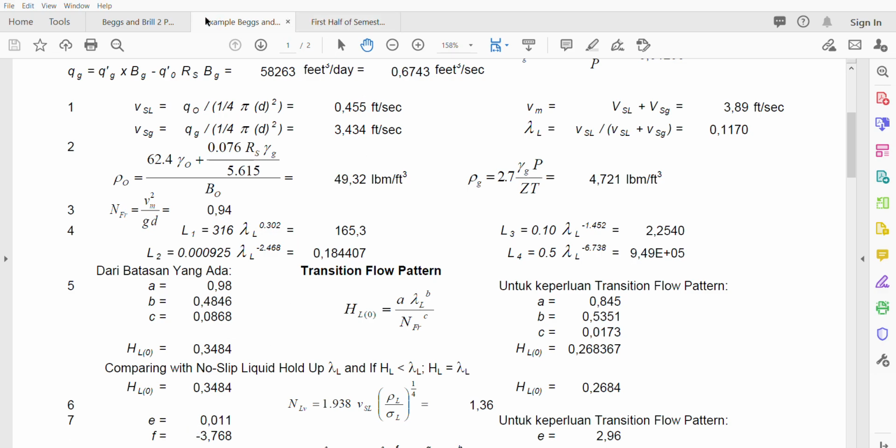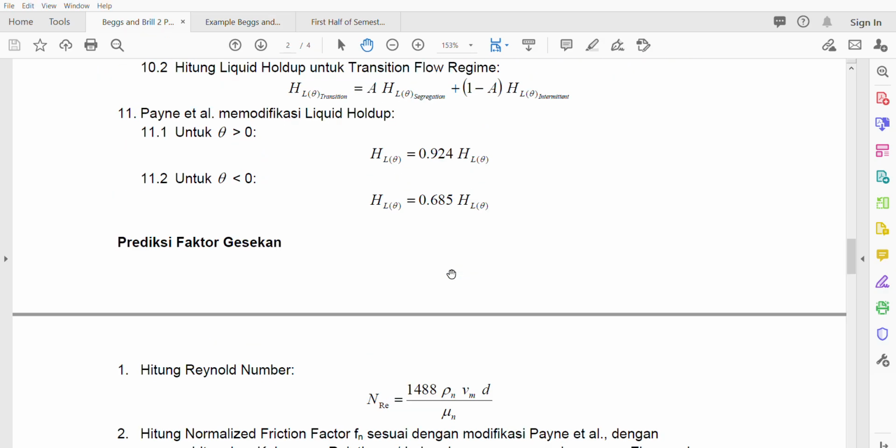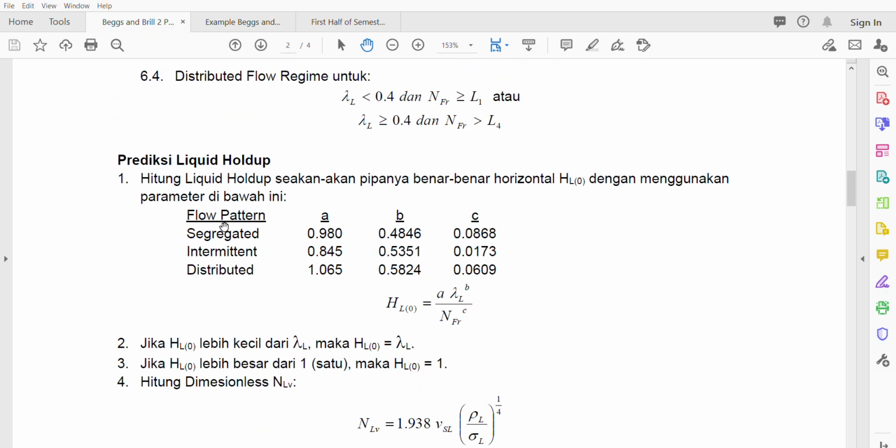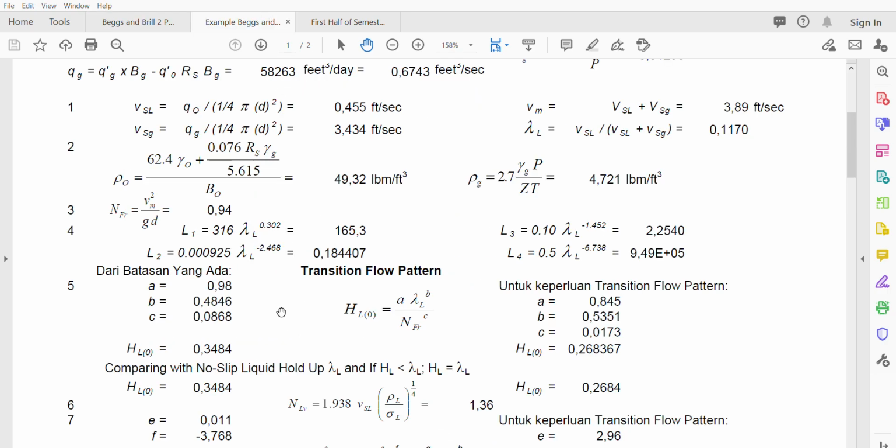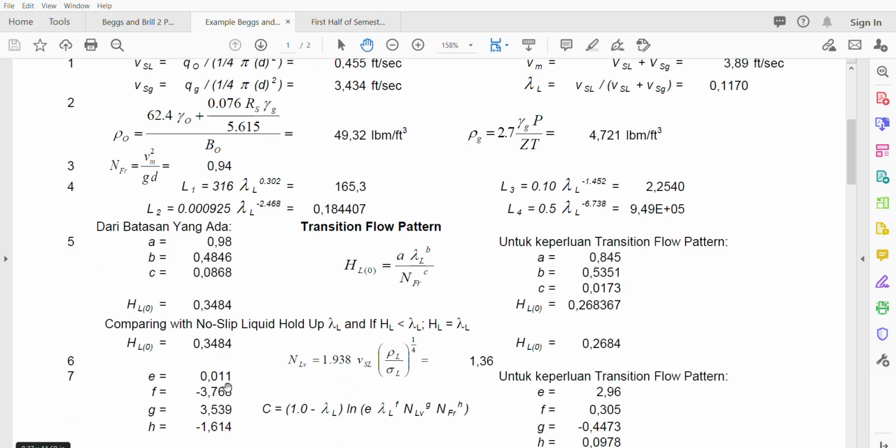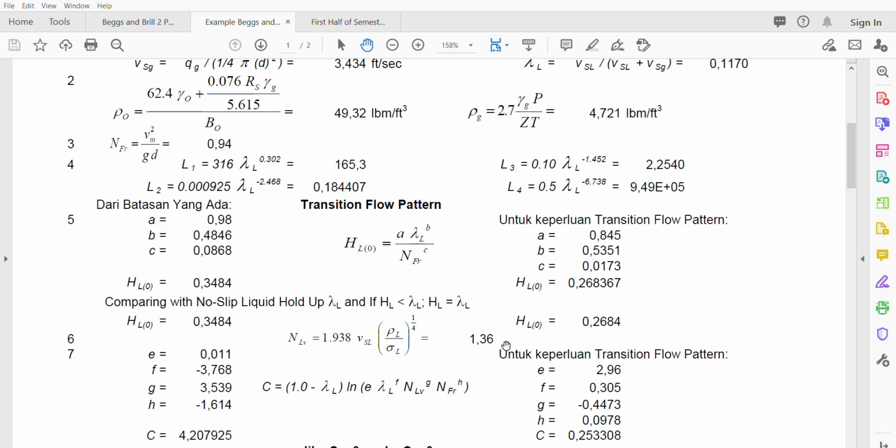So this one you calculate segregated, because for transition you have to calculate twice: segregated, using the parameters of segregated A, B, C, E, F, G, H, and using the parameters of intermittent.